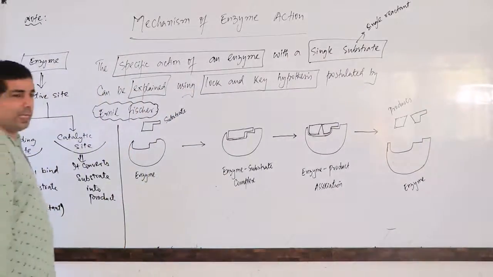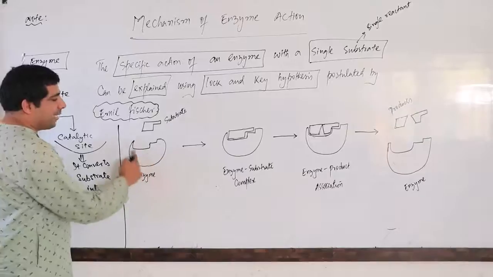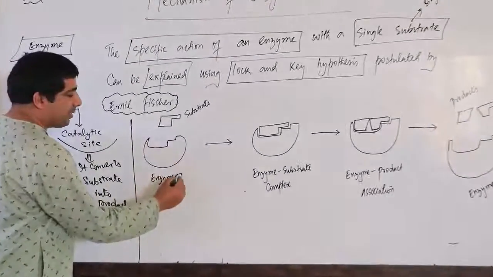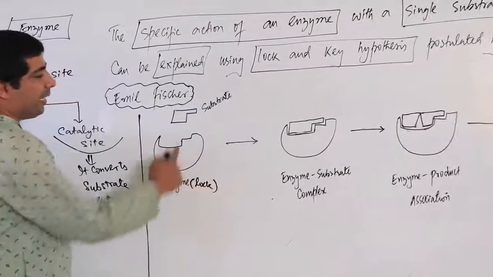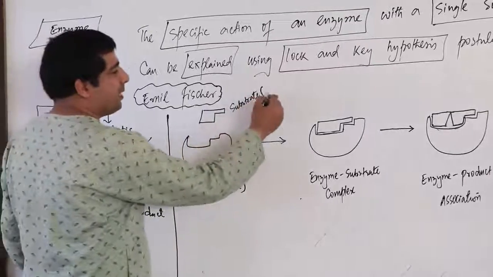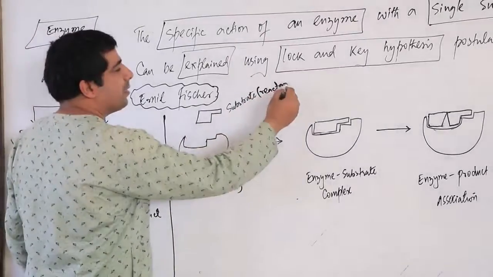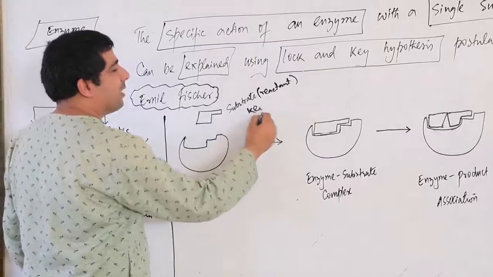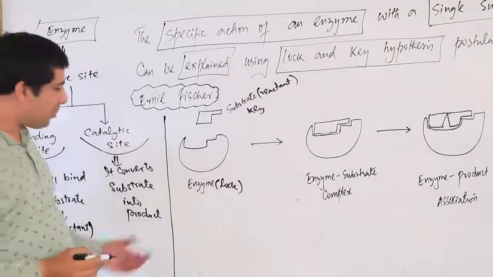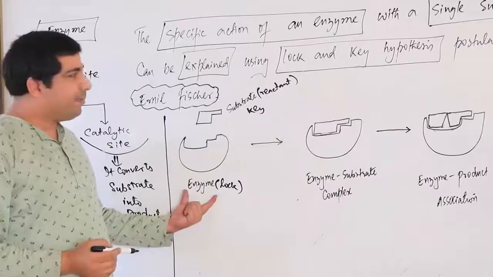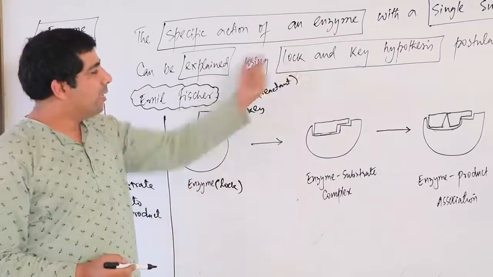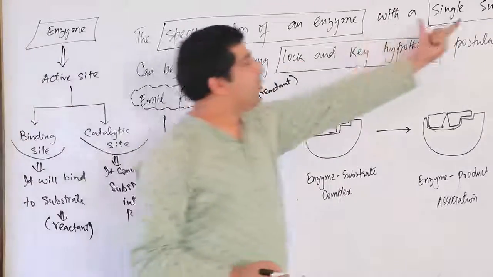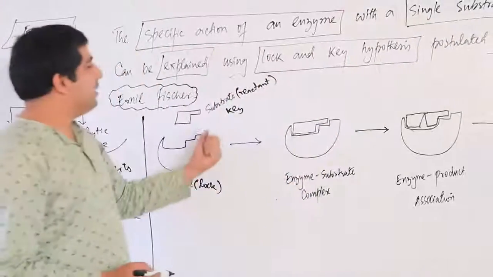Let's look from here. This is our enzyme, and this enzyme you can consider as a lock. And this is our substrate. Substrate means basically the reactant. And this is considered to be the key. If we take this enzyme, an enzyme is a lock. And this substrate, a single substrate here, is a key.